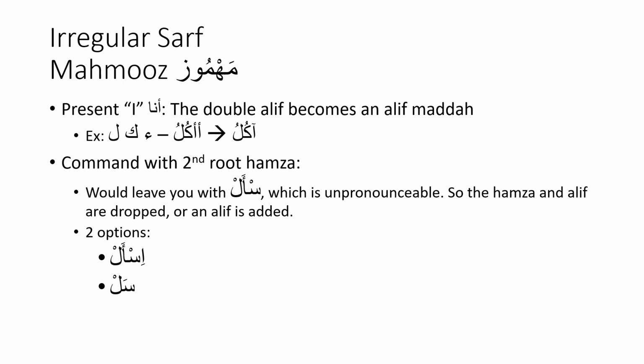And the command form as well, if it has the hamza in the second root, Mahmoozul ayn, then it would leave you with a basically unpronounceable word, se'al, right? So in that case, we just add an alif in the beginning, like usual, turning the command form, which is pretty normal, is'al. Or there's another option as well, which is where you just remove the hamza entirely and it just becomes sal.